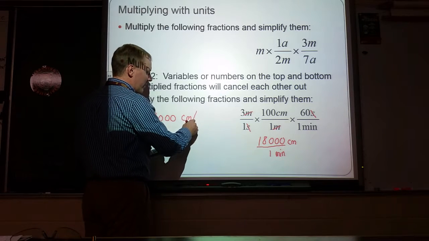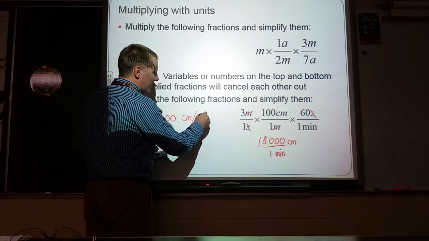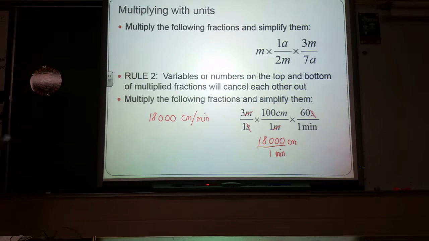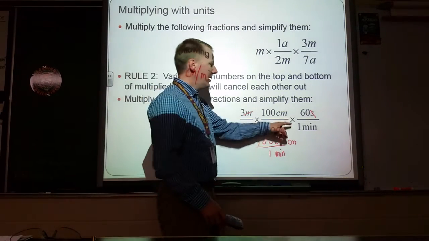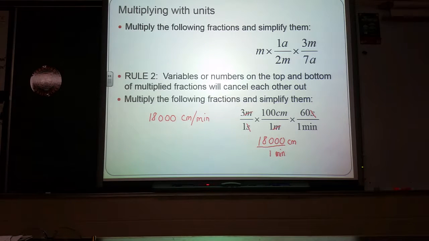It's the typical way to write them with a sideways slash in between. And we'd read that centimeters per minute. So we converted 3 meters per second into centimeters per minute. The numbers aren't different. They're actually the same number. It's just a different way to express it.